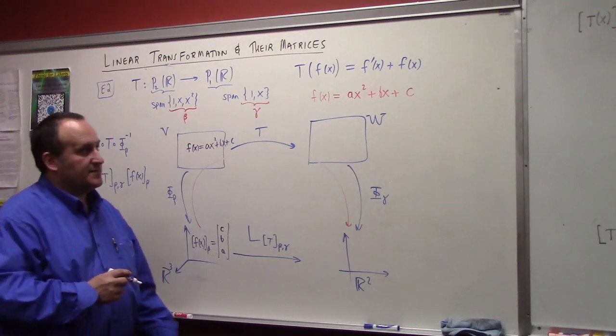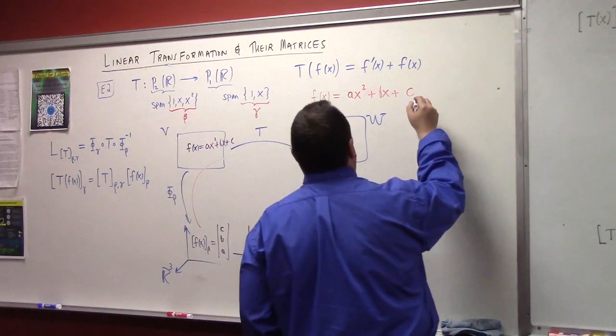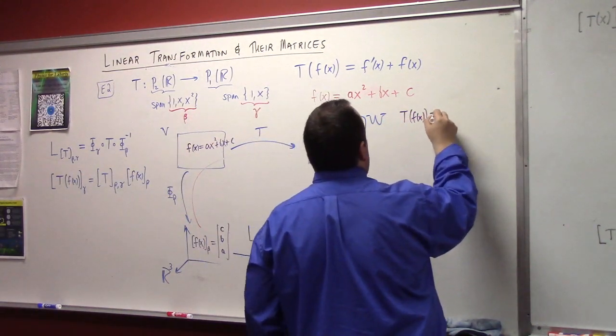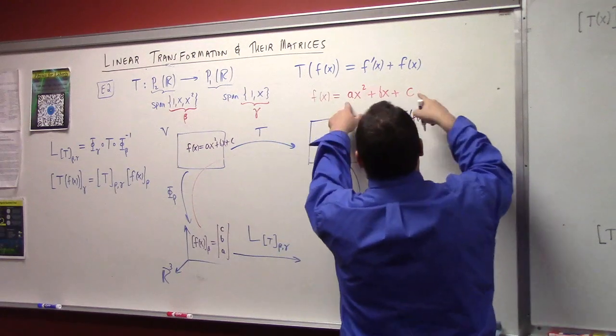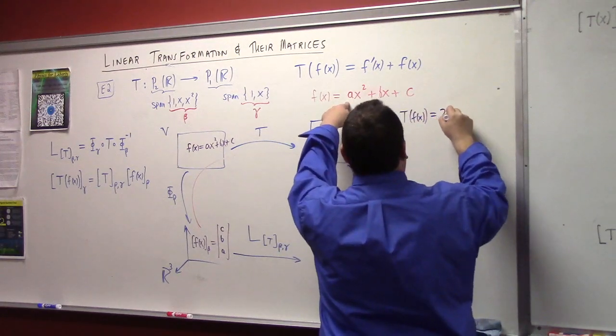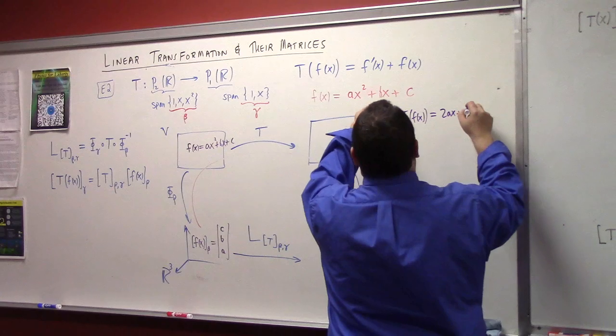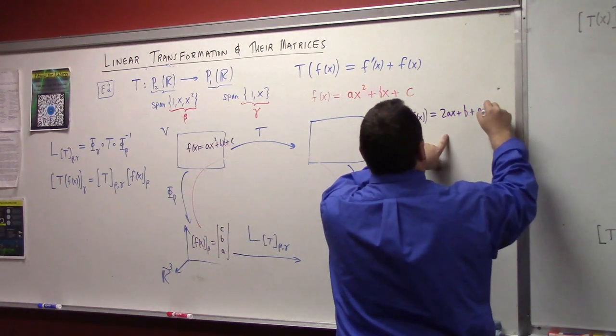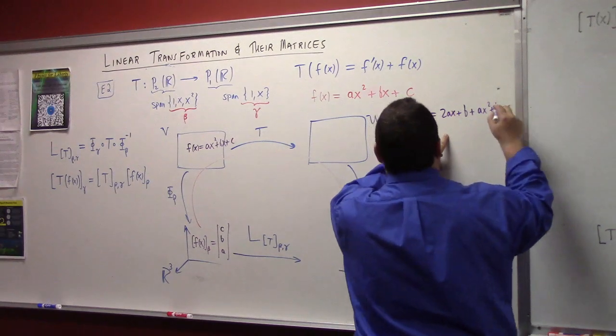All right. What's T of f of x? I'll do that over here. And I'm again using this formula here. So f prime is what? 2ax plus b, right? And then plus f of x, which is ax squared plus bx plus c, right?